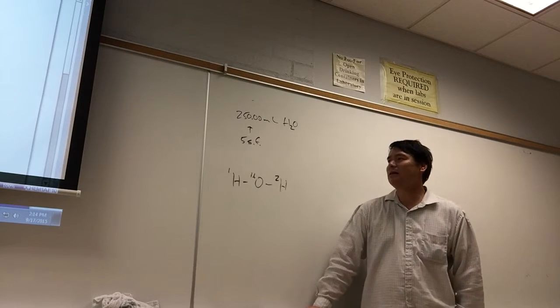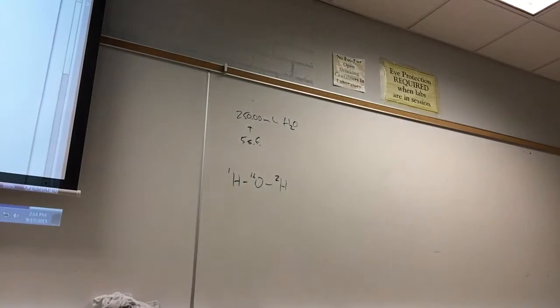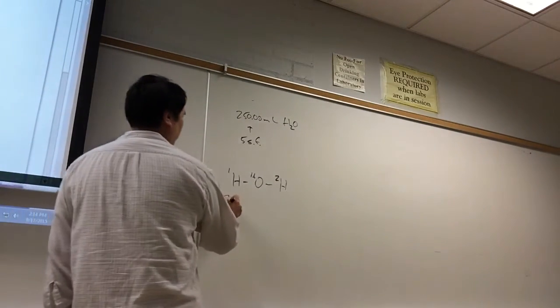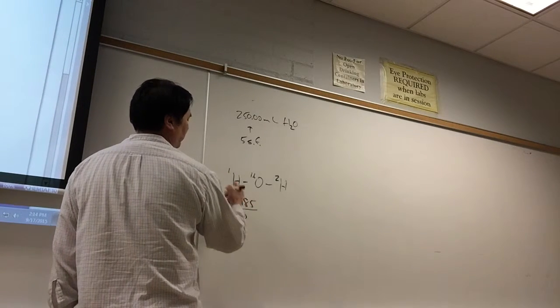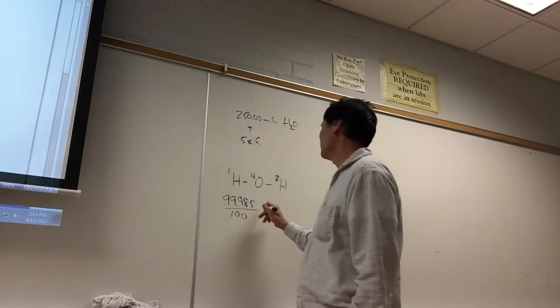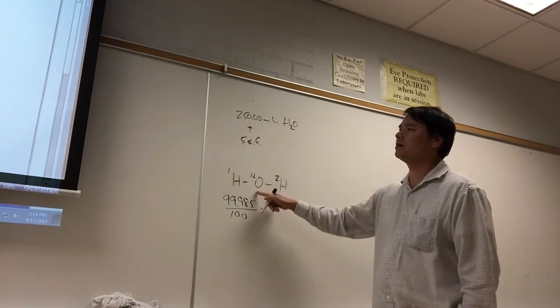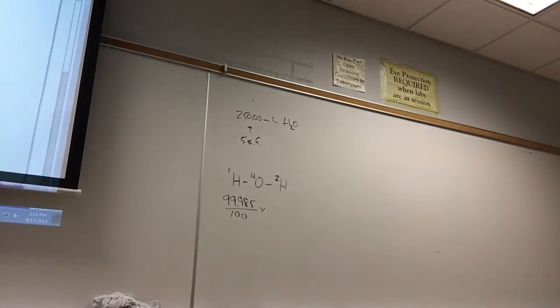You might go, that's not hard, we just do it the same way. If you do it the same way, H1 is 99.985, so 99.985 out of 100 are H1. We could do this with the hydrogens first and then do the oxygens, since oxygen's pretty common. H2 is 0.015 out of 100.